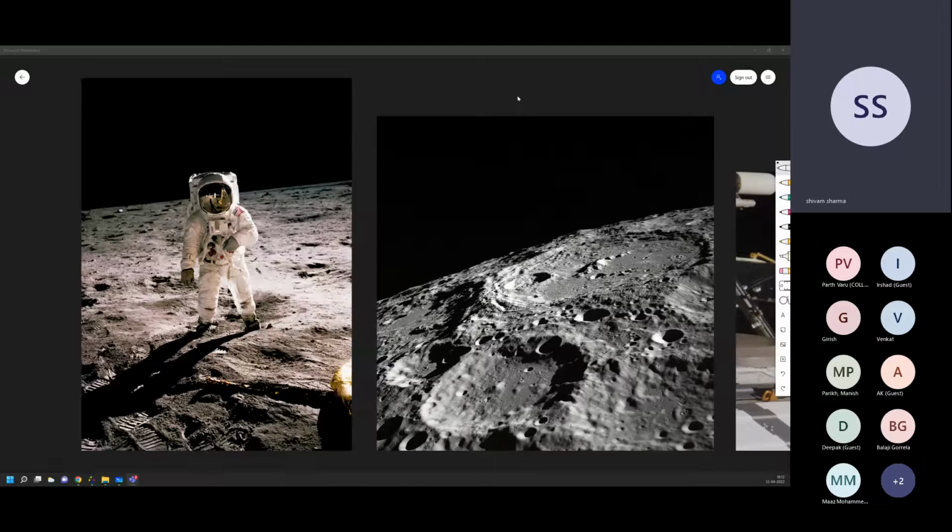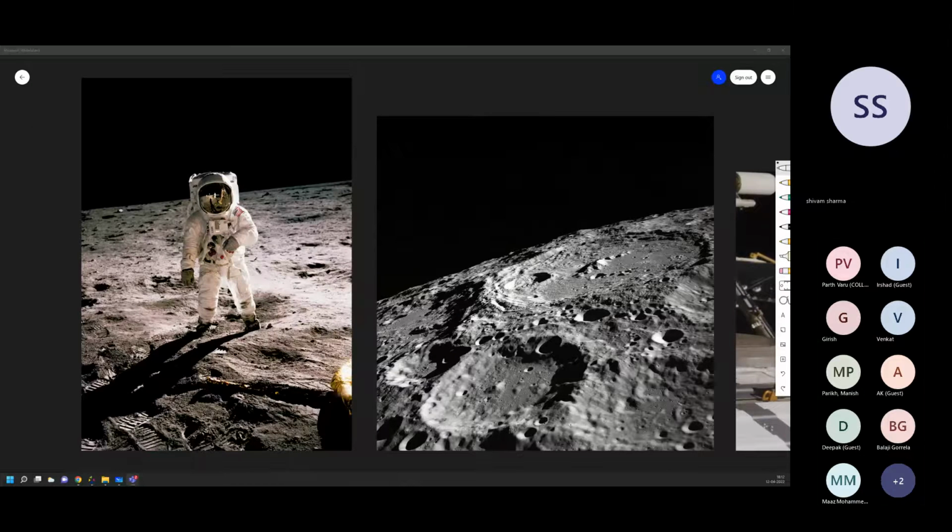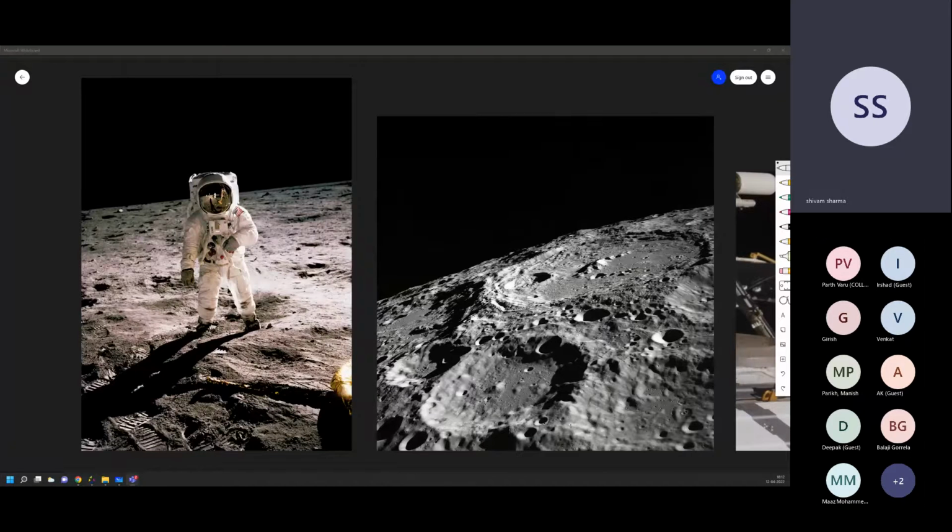These images are from NASA's website itself. In this image, the astronaut is right now on the moon itself, and it's a real image. And here you can see the surface of the moon, a close up of the surface of the moon.